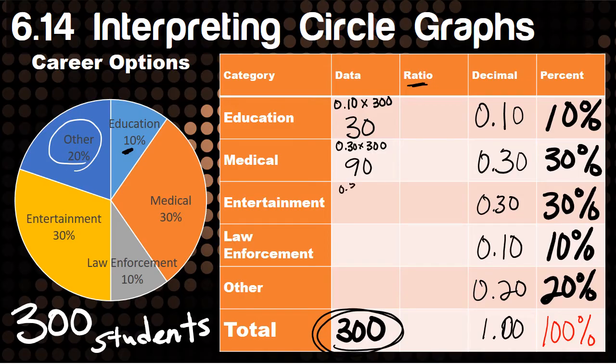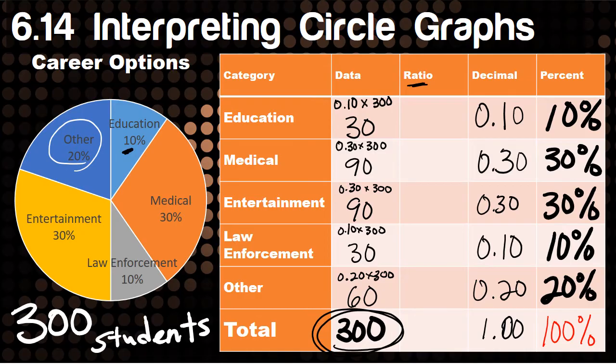Entertainment, we just did that with medical. It should also give you 90 students. Law enforcement was 0.10 times 300, which gives us 30 students. And our other category of 0.20 times 300 should give us 60 students.